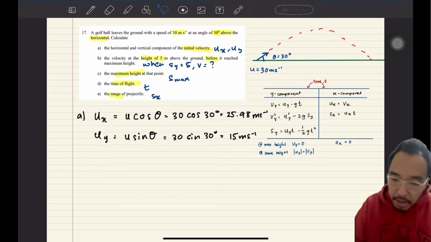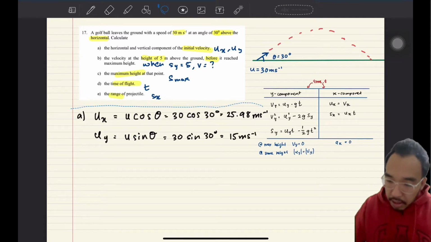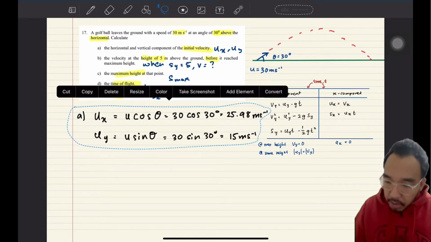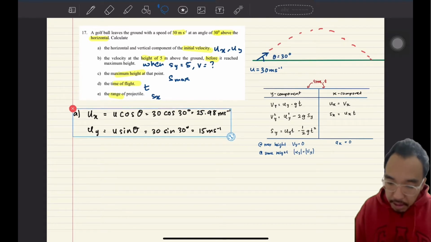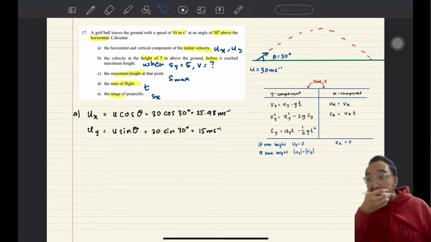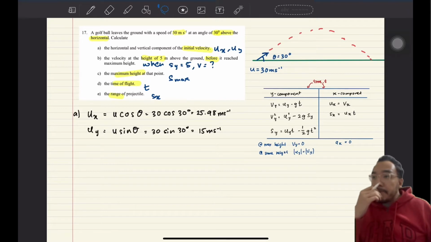I'm going to make this a little bit smaller because it's taking up too much space. Okay, just double check the answer.